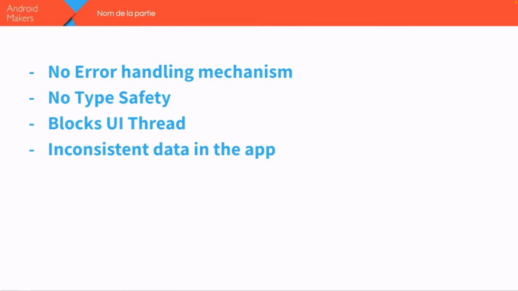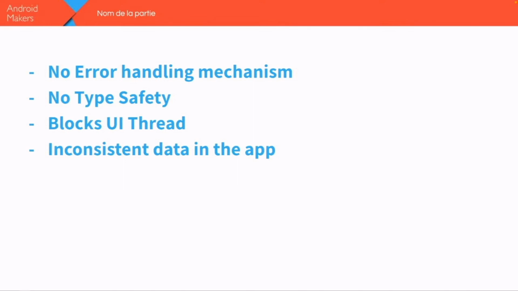Now, shared preferences is easy and great, except it comes with its own challenges. The read-write operations happen on the main thread, which means for any transaction, the UI thread is blocked.